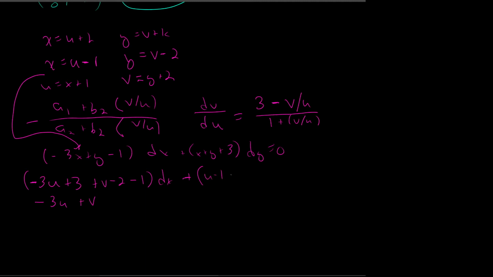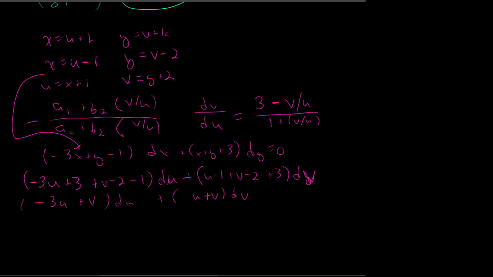Y is v minus 2 plus 3 dy. And these become du and dv because I've done my substitutions. And so minus 1 minus 2 plus 3 is... I get u plus v dv.